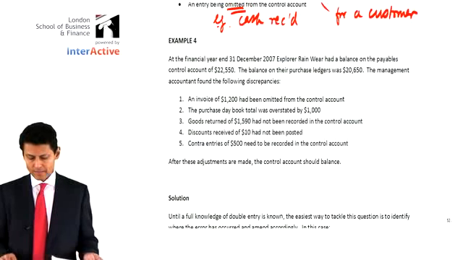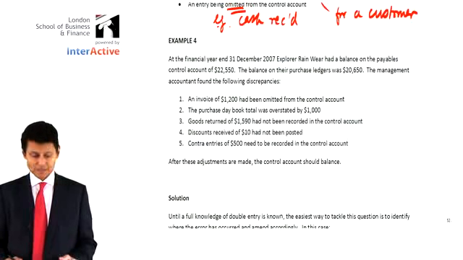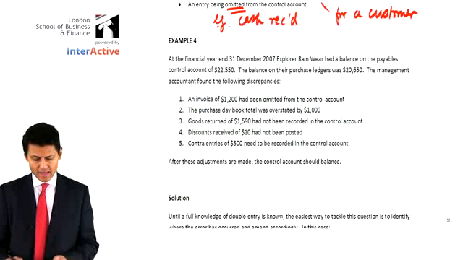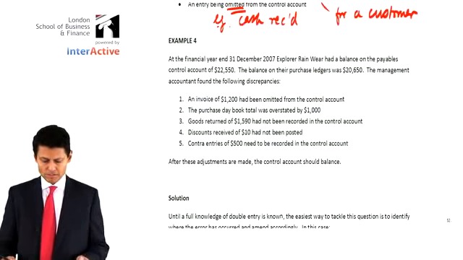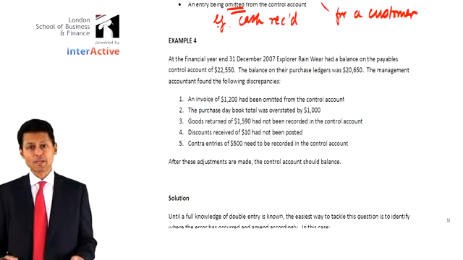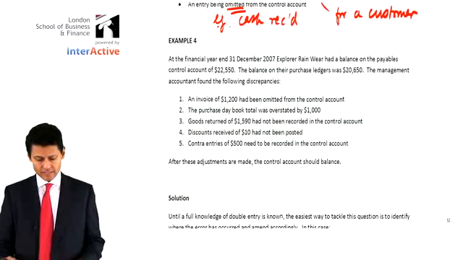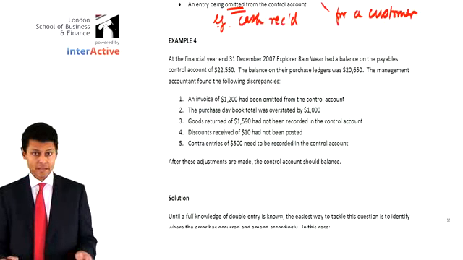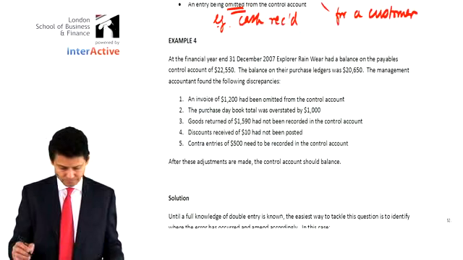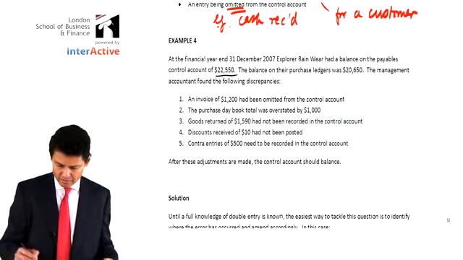At the financial year end, 31st December 2007, a company called Explorer Rainwear had a balance on the payables control account of $22,550. Now, may I ask you a question, please? Is that $22,550 a debit balance or a credit balance? Clearly, it is a credit balance. I'm going to say here credit.